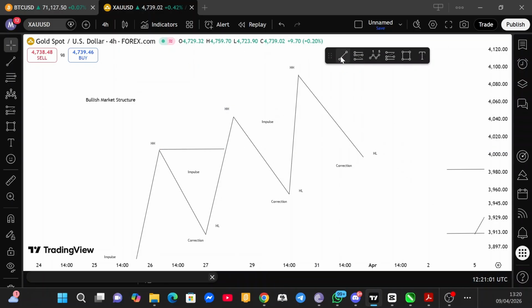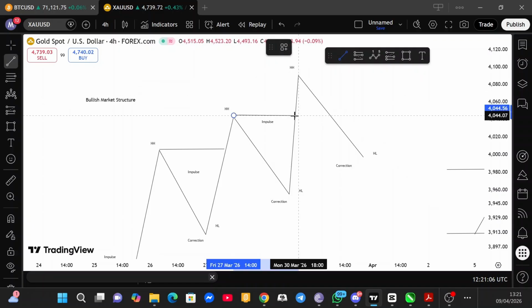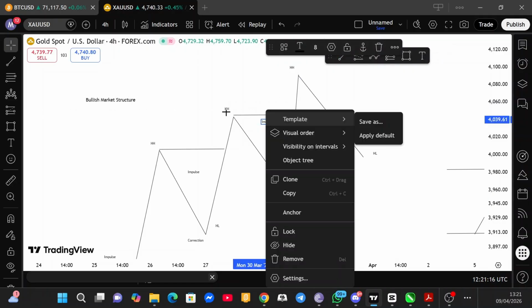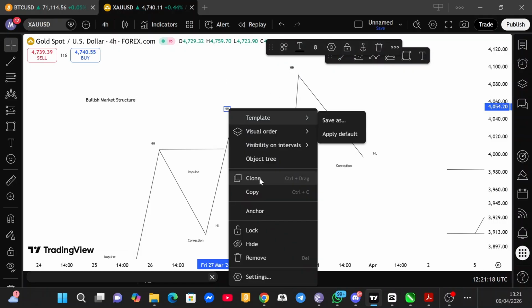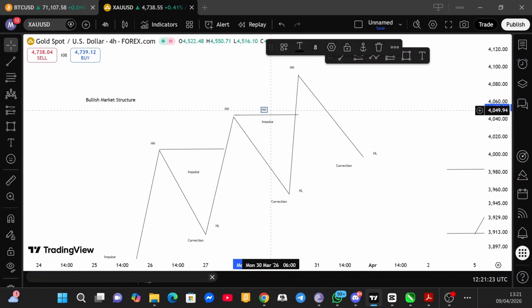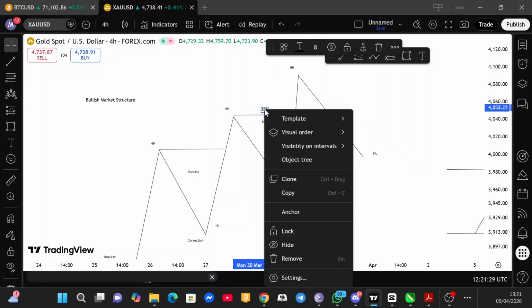So this is your break of structure. This is your break of structure. Let me clone this. Call this BOS, break of structure.